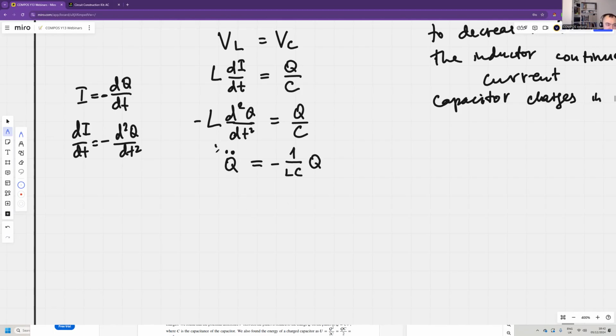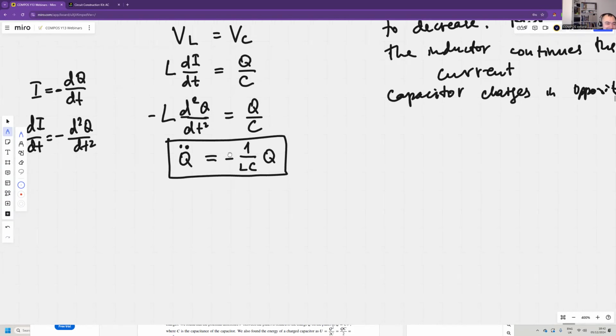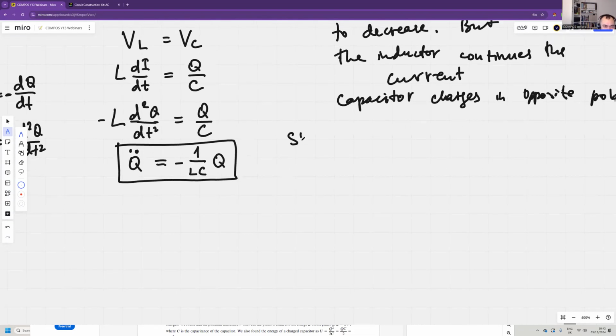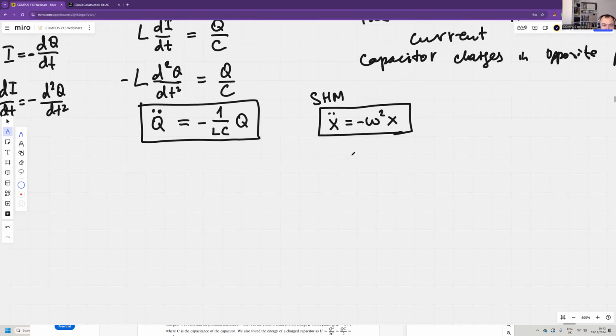Does this equation remind you of anything? Yes, SHM is x double dash is minus omega squared x. And as you remember, omega is the angular frequency.